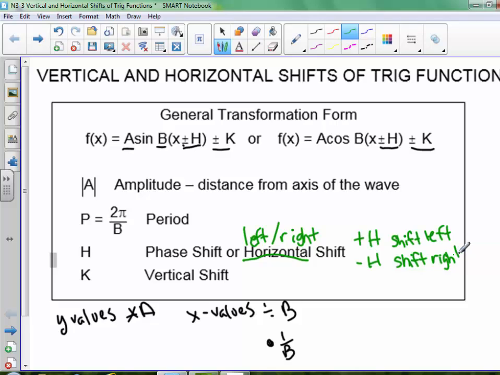Okay. And then with a vertical shift, that's up and down. K, though, behaved like we thought it would. When we added K, we got a shift up, and when we subtracted K, we got a shift down.